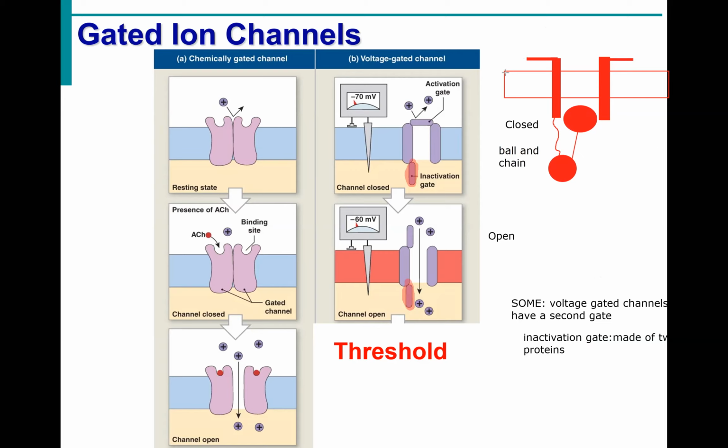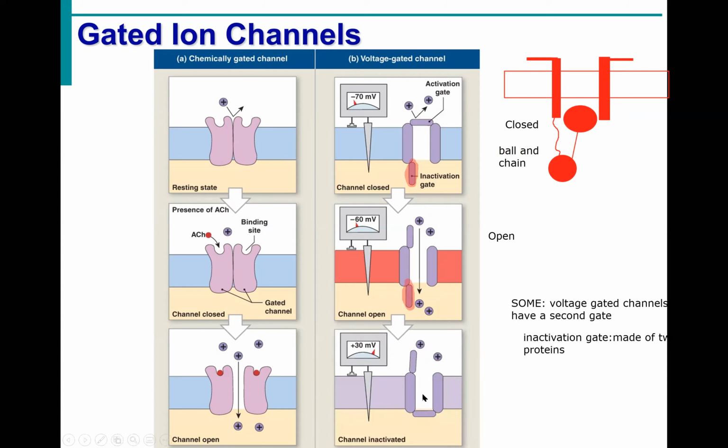It's still open, but ions can't flow. And when that occurs, we say it is inactive. Here we see it with the simple illustration from this simple diagram, that inactivation gate is closed. Notice the gate is open, but ions can't flow, it's inactive. But what actually happens is this ball wedges itself in there.